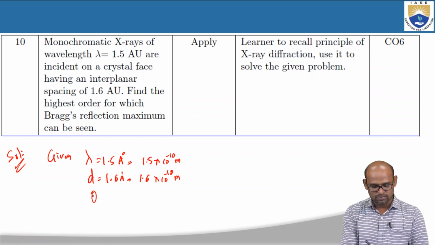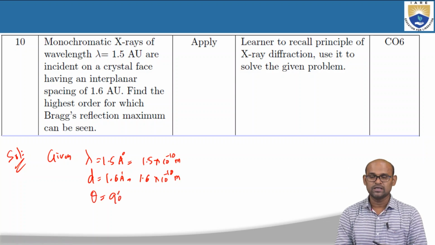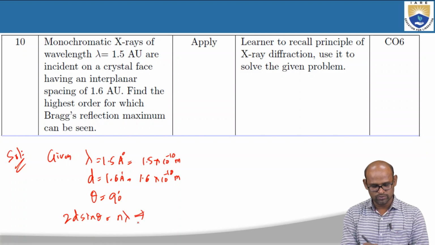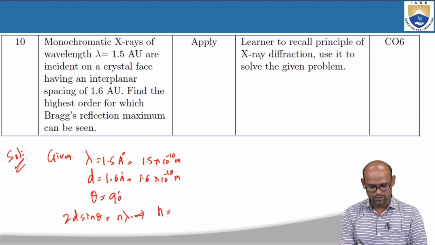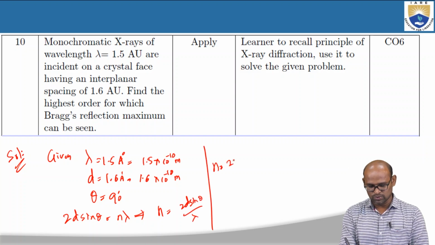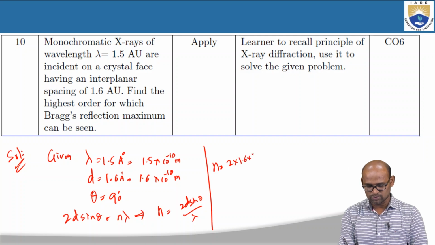Bragg's reflection maximum occurs at theta equal to 90 degrees. So we are going to use Bragg's equation, 2d sine theta is equal to n lambda. From this we are going to calculate the highest order n. So n will be 2d sine theta by lambda. Let us substitute: 2d is 1.6 into 10 power minus 10, sine theta where theta is 90 degrees, divided by lambda, 1.5 into 10 power minus 10.